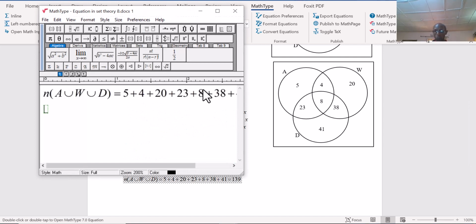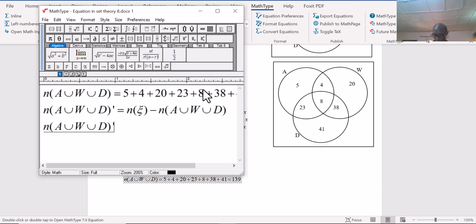There's something we need to do now. Those who are not, that's the complement, equal to the total number of people that attended the conference minus A union W union D, which we've gotten to be 139.